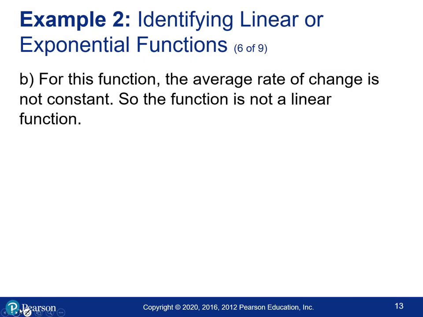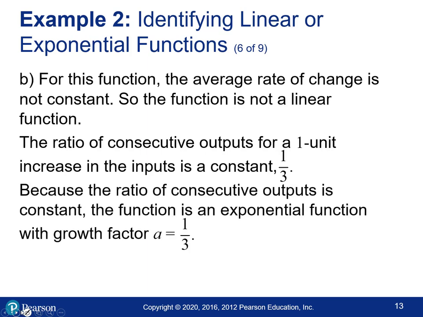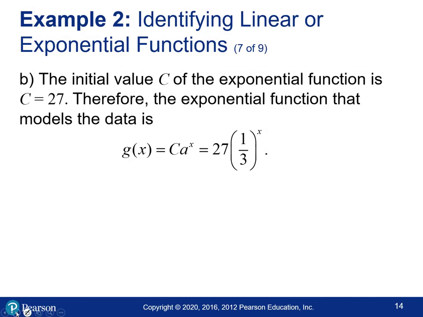All right, so the average rate of change isn't constant, so it's not linear. However, the ratio of consecutive outputs was constant, and so it is an exponential function, and that constant ratio is our growth factor, or the base for our function. Okay, so now you have to use an initial value, or any point on the data table pretty much would work here, to find c.